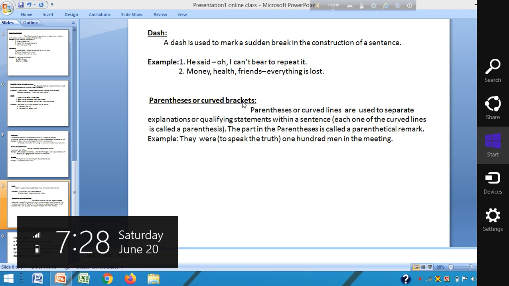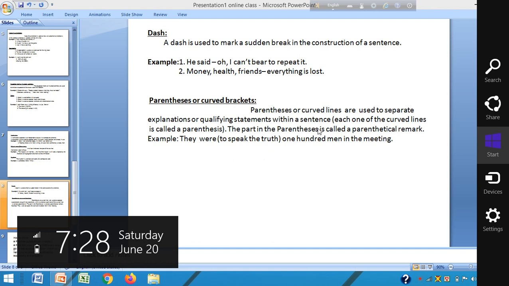Parentheses or curved brackets. Parentheses or curved lines are used to separate explanations or qualifying statements within a sentence. Each one of the curved lines is called a parenthesis.